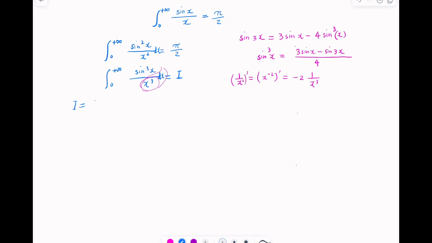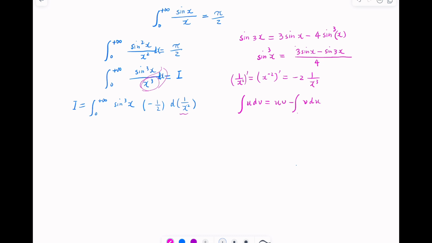So I, the integral here, we can treat this as sine x to the third power, and here we can say this is the negative 1/2 of d of 1 over x squared. So again, we use integration by parts. That is the formula. Again, let's review that. u dv is going to be uv minus the integral of v du.